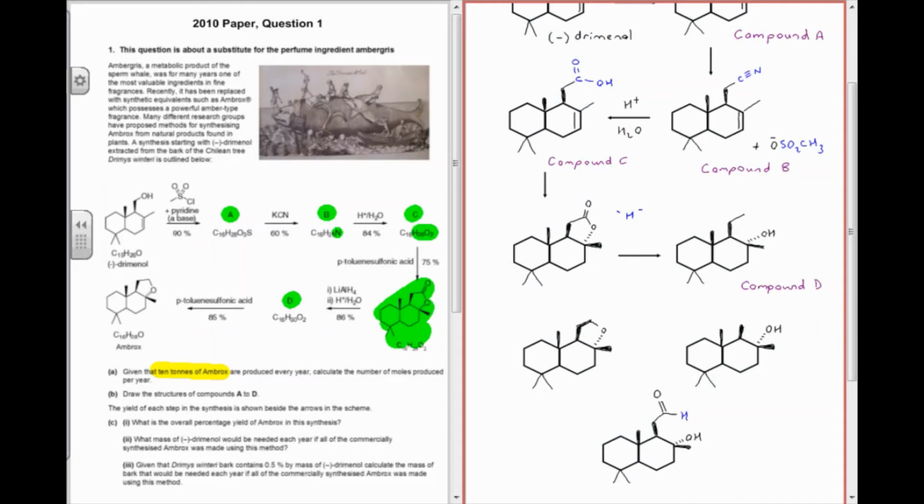Now, the cyclic ester intermediate: if we look at the electronegativity of the atoms involved in that, we will know that that carbonyl group will be delta positive because of the electronegativity of the oxygen atoms.